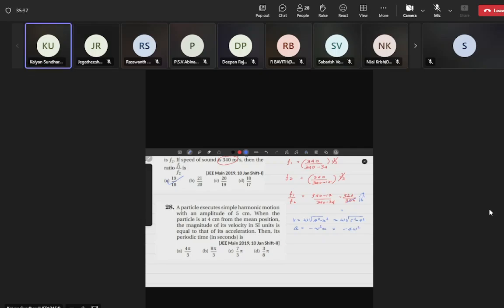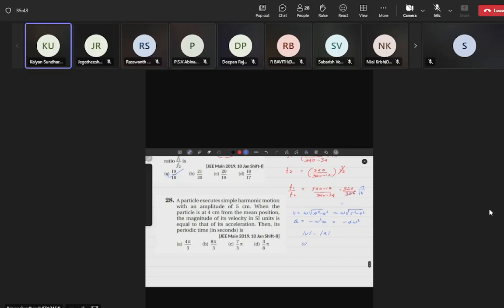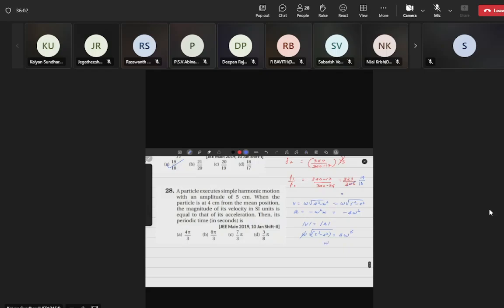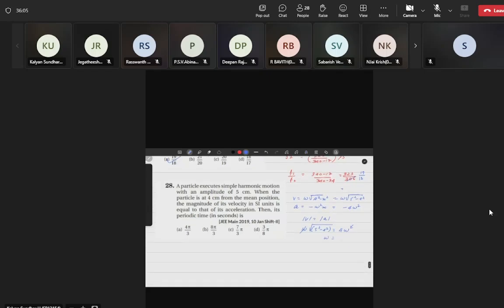Magnitudes being the same, velocity equals acceleration. So omega times 3 equals 4 omega square, so omega is 3 by 4.